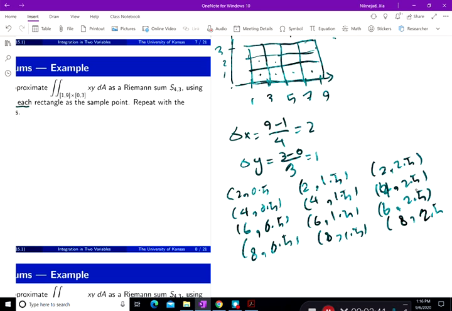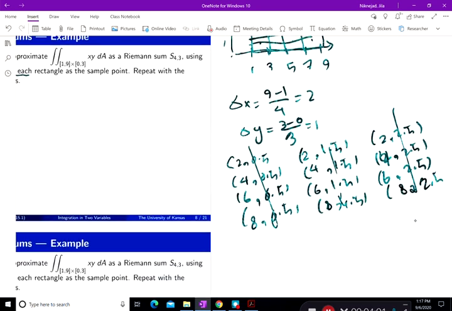So the first row is this one, the second row is this one, and the third row is that one. Maybe I should have written them as rows rather than columns, but you can look at it the other way around and you get that.